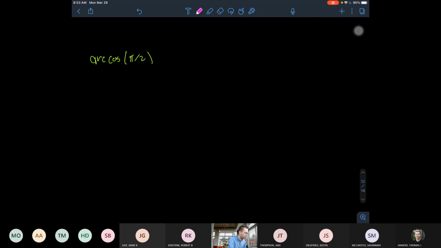Okay. For now, I'll do just one more example. We'll try this one, arc cosine of pi over 2. Okay, so I know I want to find the angle, which, oh, this is dumb. Okay, arc cosine of pi over 2. So this input here is an x value, hopefully, of a point on the unit circle.